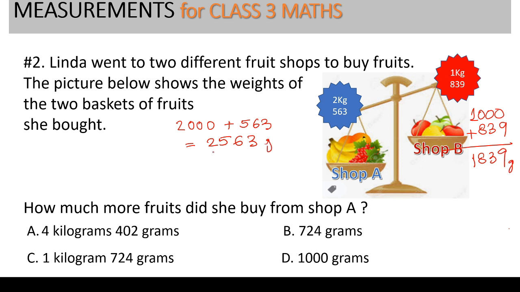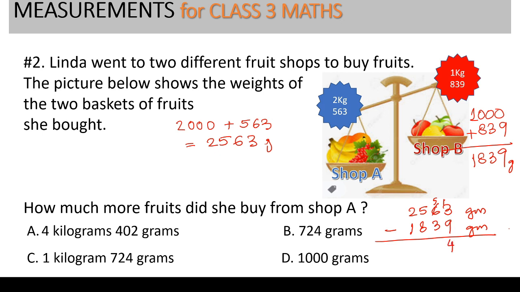Now that we have the 2 objects in the same unit, we need to find how much more she bought from shop A. So we need to subtract the weight of the basket of shop B, which is 1839 grams, from the weight of the basket of shop A, which is 2563 grams. Let's do this.